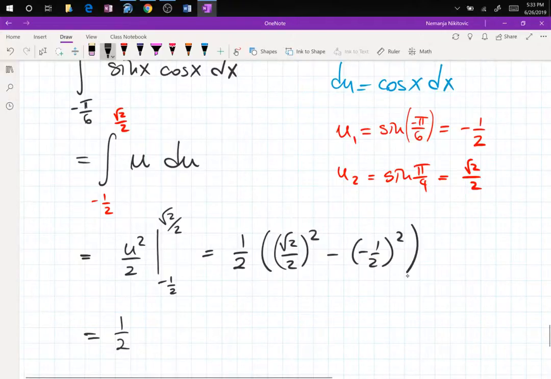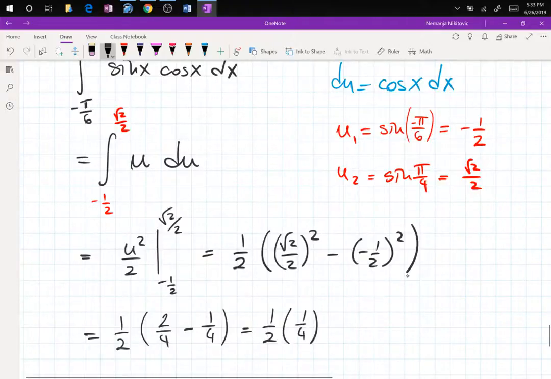So 1/2 open parenthesis. When you square root 2, you just kill this, so it's going to be 2/4 minus, the negative dies because of the square, so we get minus 1/4, and it's going to be 1/2 times 1/4, which is 1/8.